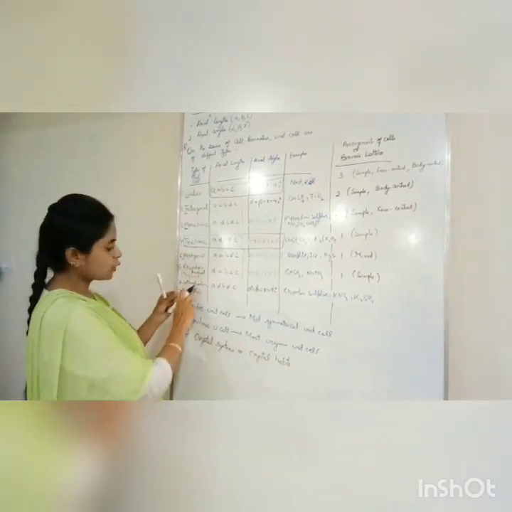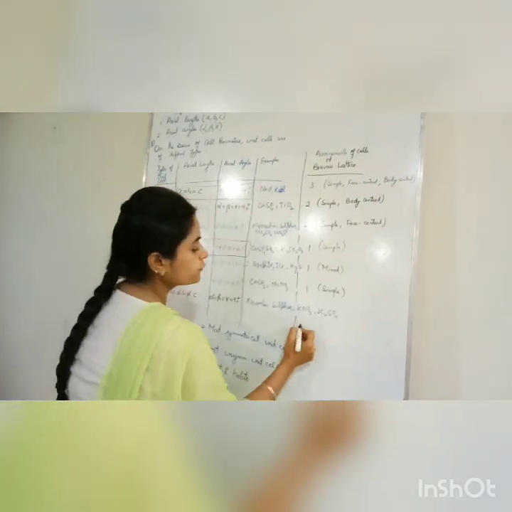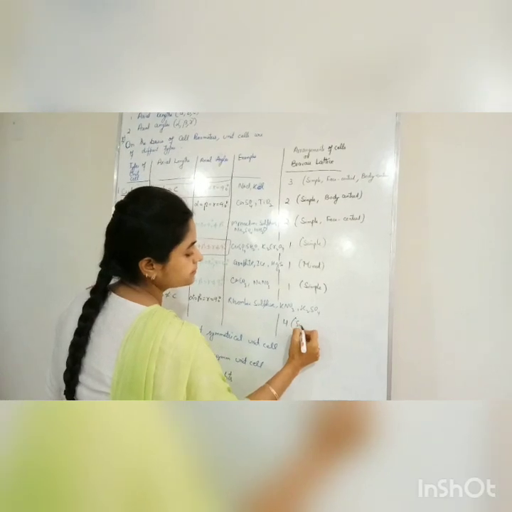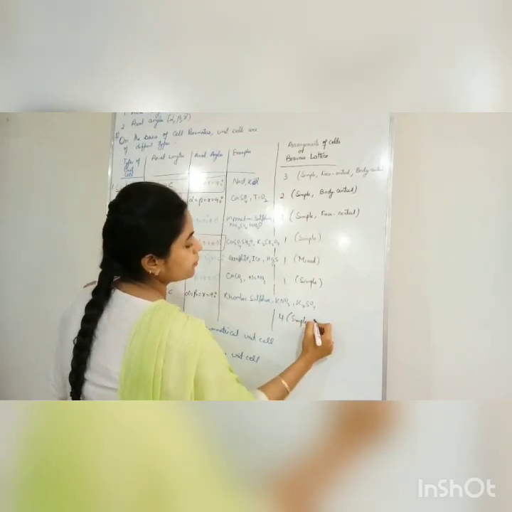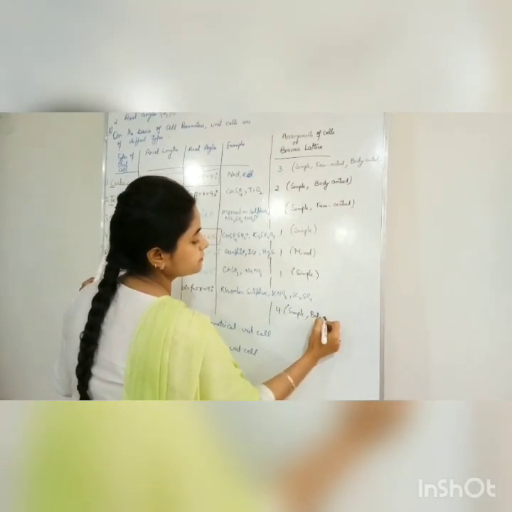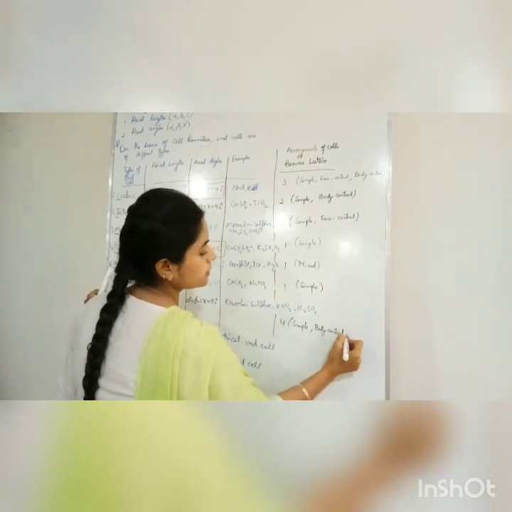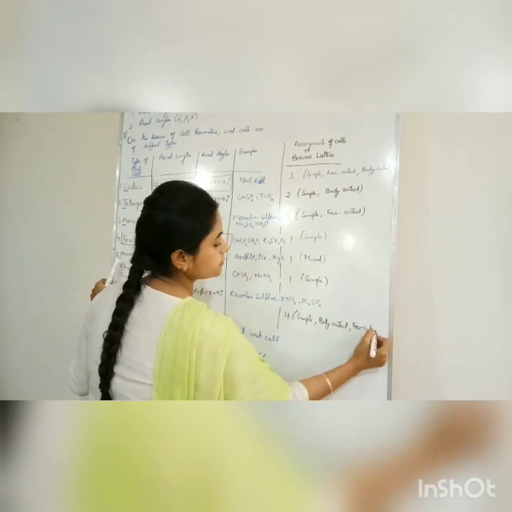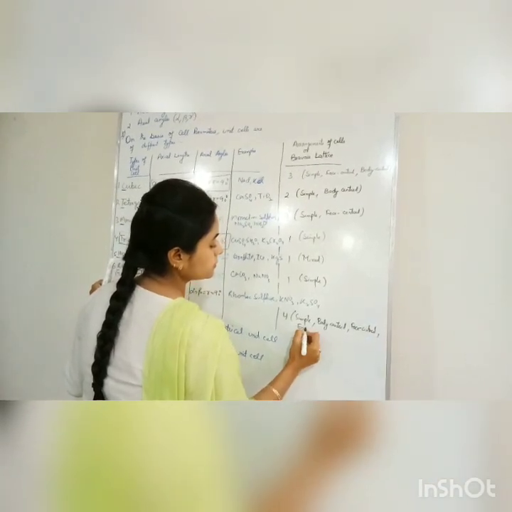And the last one, orthorhombic or rhombic, shows 4 arrangements: simple, body centered, face centered and end centered.